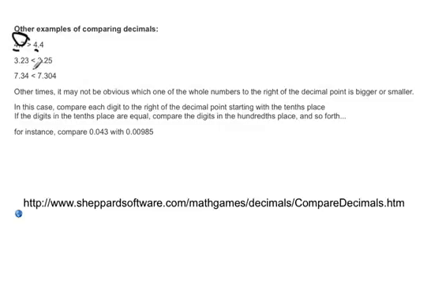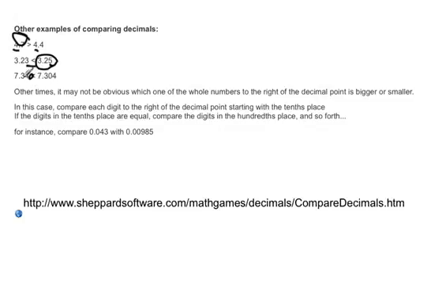Same with the next number. Look at the whole numbers. The 3's are the same. Oh, the 2's are now the same. And we look at the next digit. So I have a 3 and I have a 5. And which number would be larger? As I showed you the answer, this number, 3 and 25 hundredths. And the last example, we don't have the same amount of digits, but I could easily add a 0 right there.